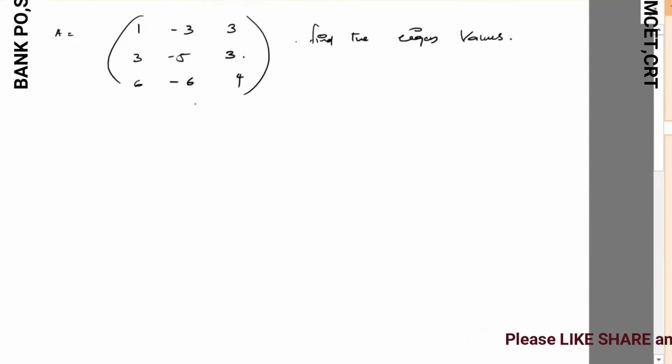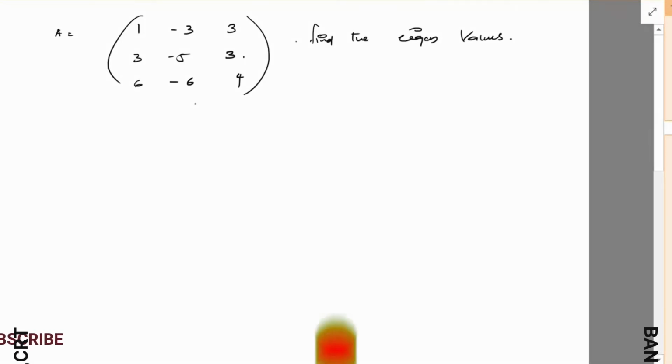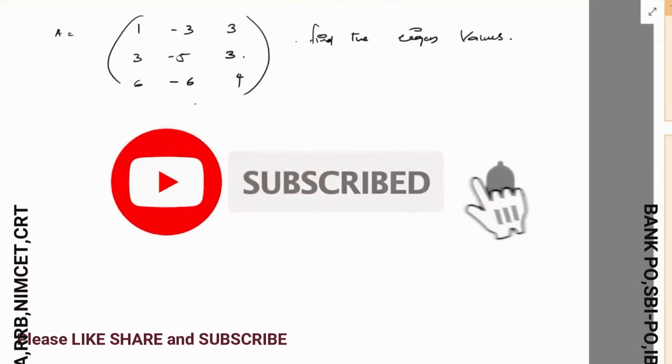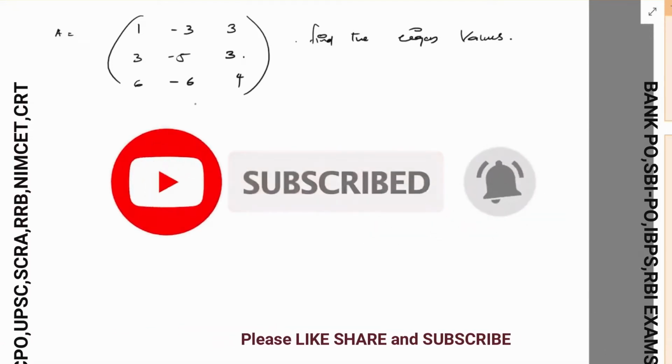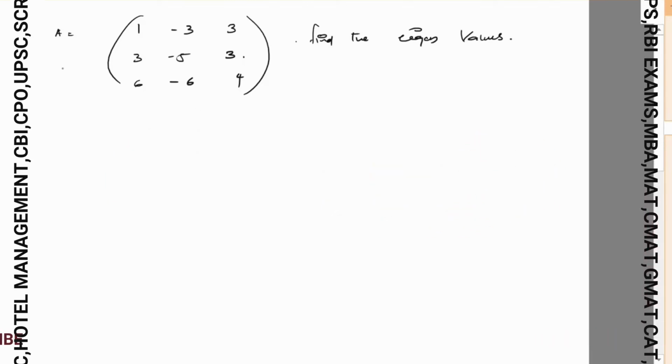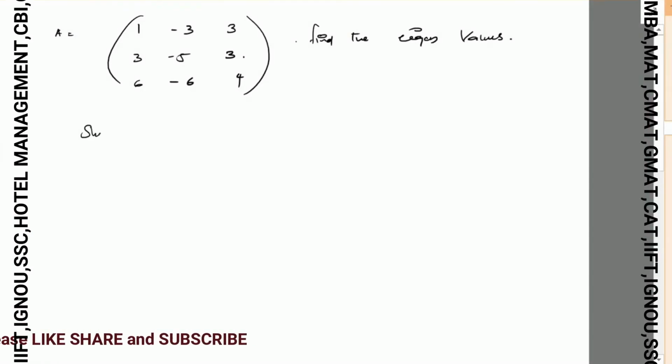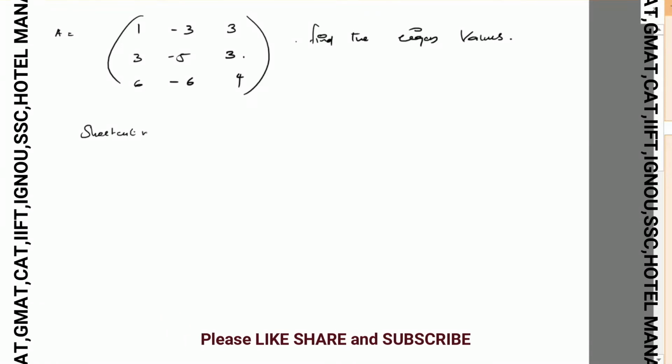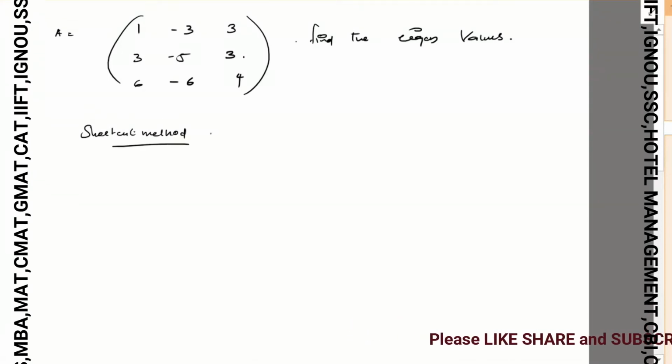Okay, how will you find the eigenvalues? First of all, we need to find out the characteristic polynomial. Either you can use the shortcut method or take the determinant of A minus lambda. Here I am going to use the shortcut method. What is the shortcut method?